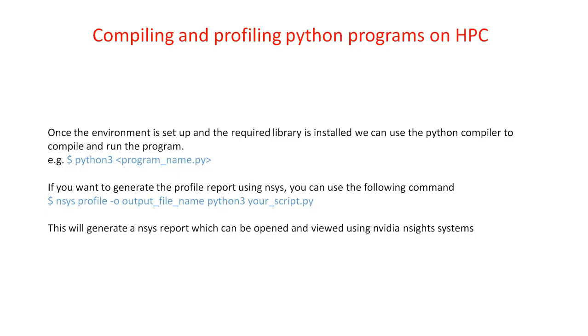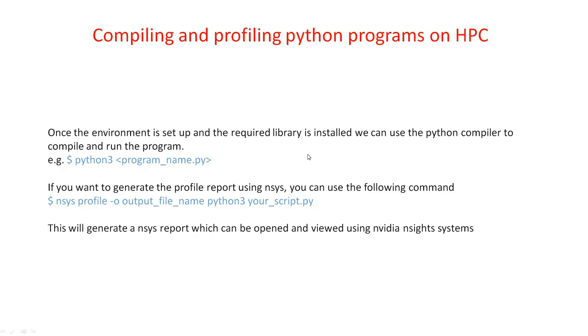So once the environment is set up and the required library is installed, we can use the Python compiler to compile and run the program. So python3 and whatever the Python file name is, that is the way you run the program.